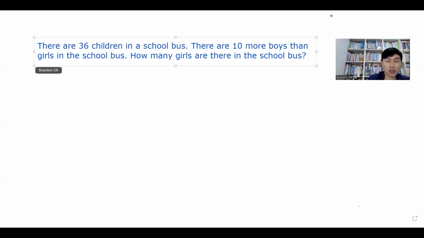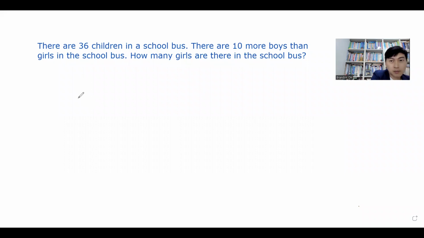This is not really difficult, but with the help of a model, you will be able to see which one is more. Do we have more boys or are there more girls? Now, how is the bar model drawn?